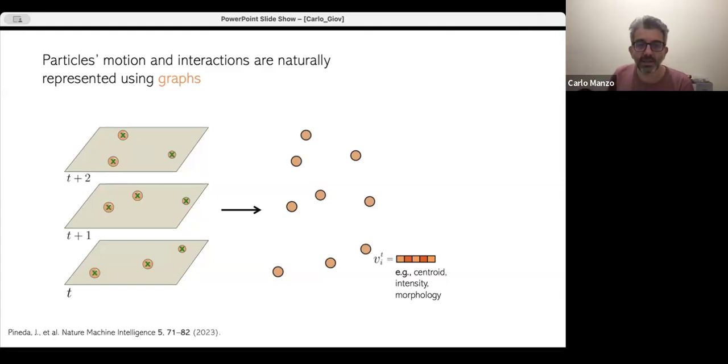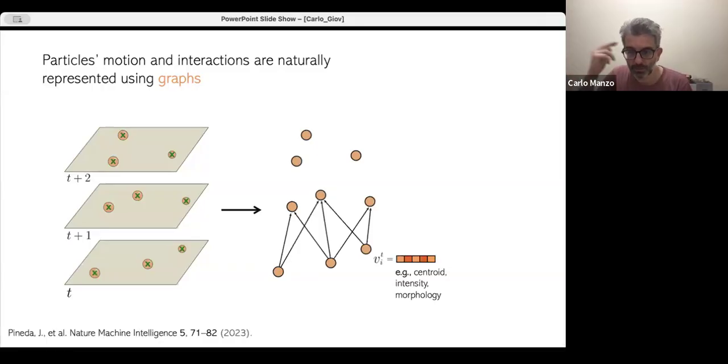Besides the information about each object, we also know that there are relations among them. For example, we know the distance, both in space and in time. We also know how many frames apart two localizations are. And basically, this construction inherently helps us to build a graph.